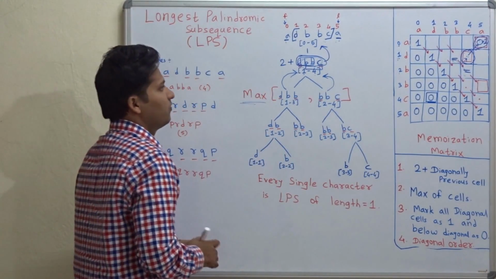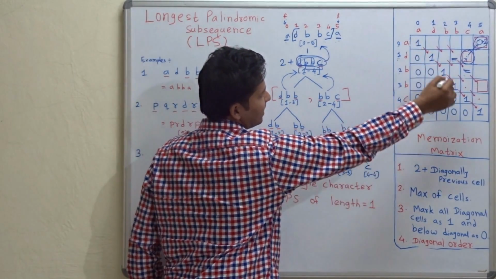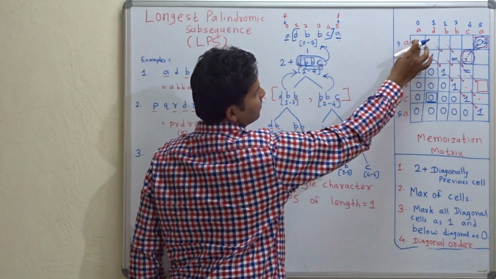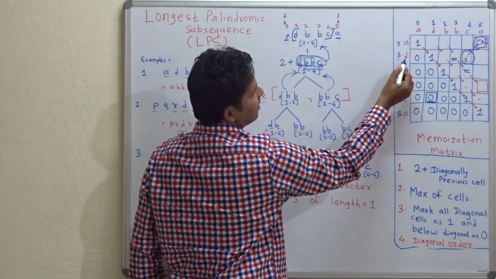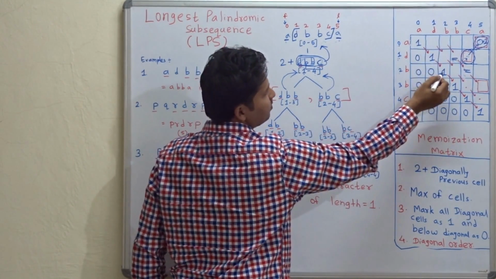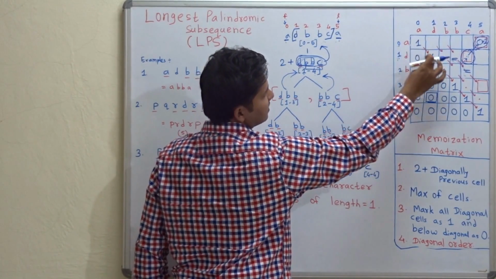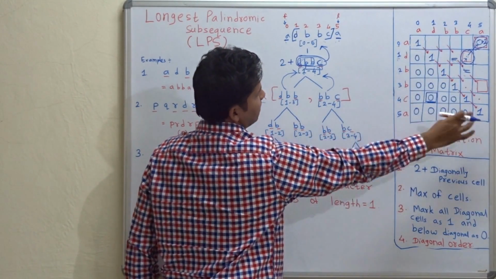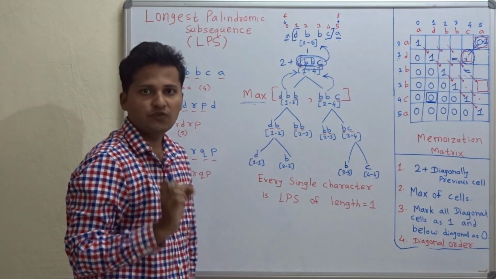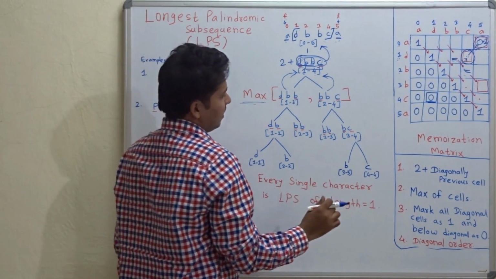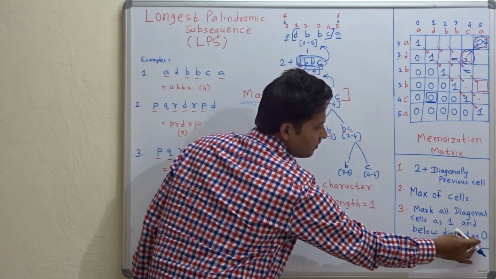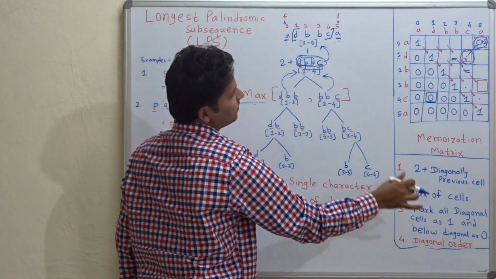So for all the diagonal characters, means this cell represents A, this cell represents D, this cell represents B, we mark the cells as 1 because every single character is LPS of length 1, and the elements below the diagonal we represent them as 0.